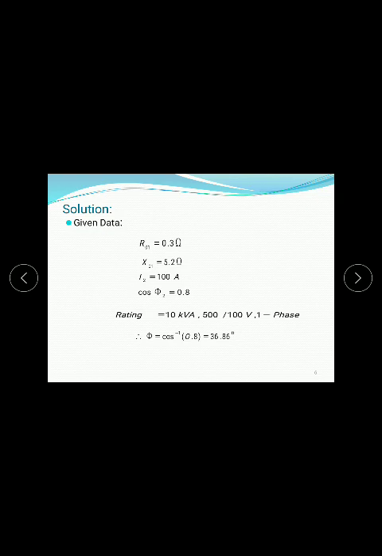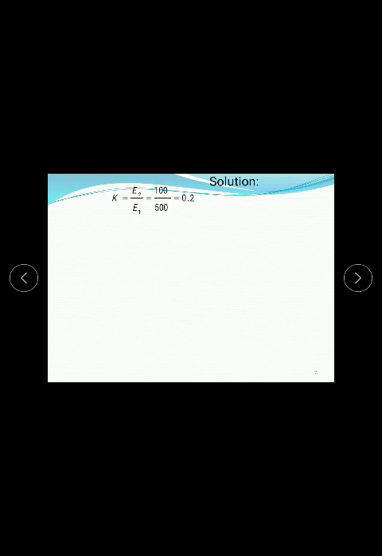Here phi is cos inverse of 0.8, that is 36.86 degrees.